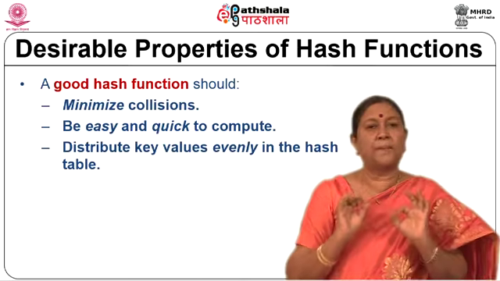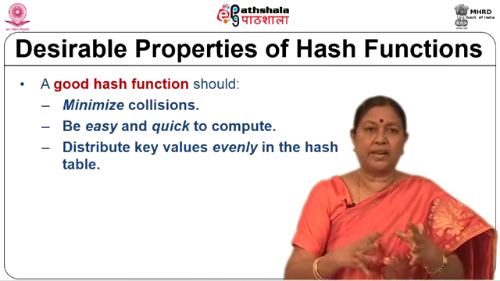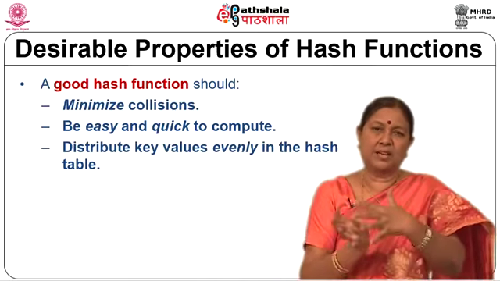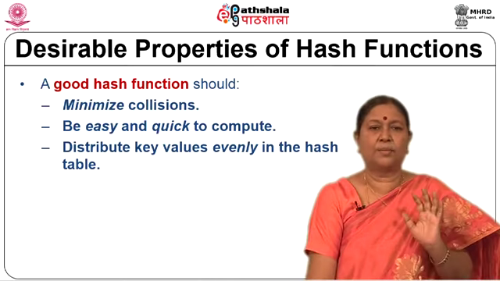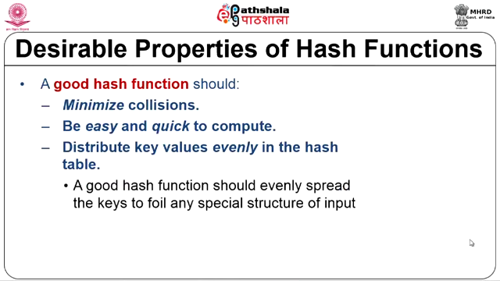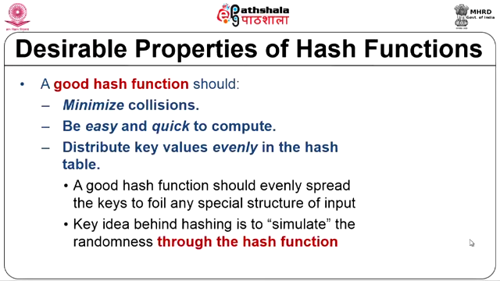This is a very, very important property. I have different key values, and everything should not be put together in the same location. As far as possible it should be randomly distributed, meaning the keys should be evenly spread and no special structure should be followed. The key idea behind hashing is to simulate randomness using a hash function.